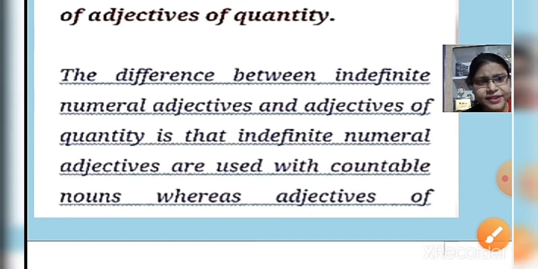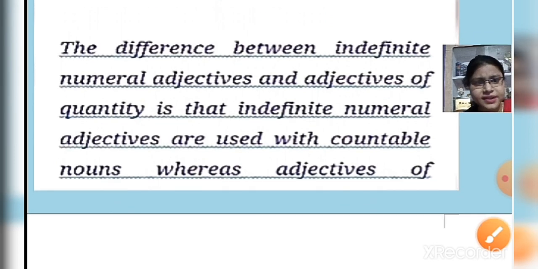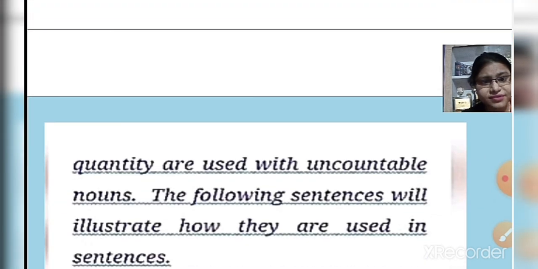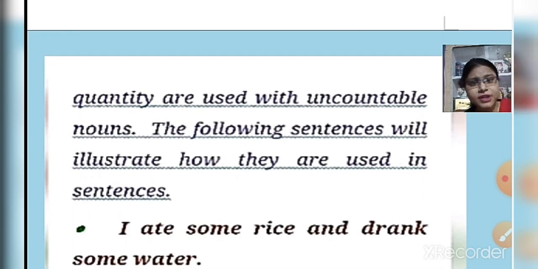The next thing is the difference between indefinite numeral adjectives and adjectives of quantity. Indefinite numeral adjectives are used with countable nouns, whereas adjectives of quantity are used with uncountable nouns. So it's a very basic difference.